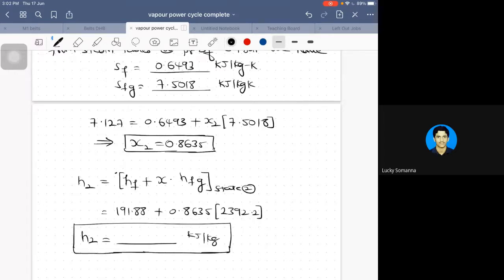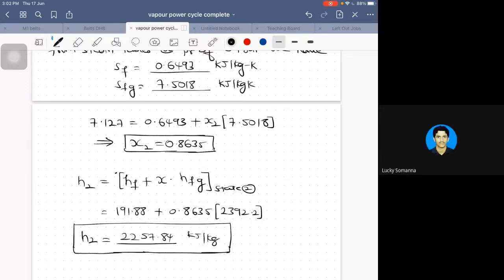Yes, how much is it? 2257.54 kilojoules per kg. 2257, sir, 0.84.